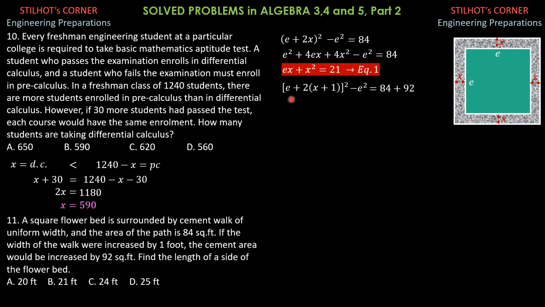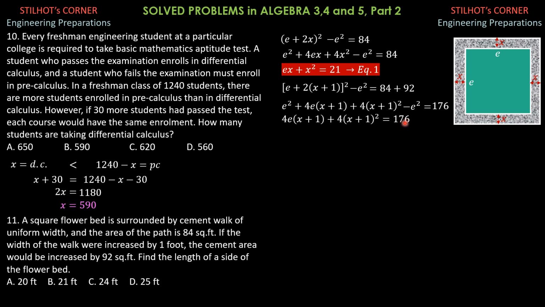So expanding, we have e squared plus 4e times quantity x plus 1, plus 4 times quantity x plus 1 squared, the square of the second term, minus e squared equals 176. We can cancel e squared again. So we have 4e times quantity x plus 1 plus 4 times quantity x plus 1 squared equals 176.